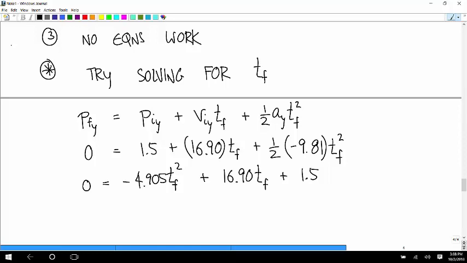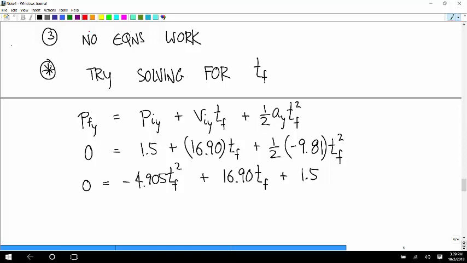We have it in a term where it's squared, in a term where it's a linear factor, and we have a constant. Quadratic formula. Yep. Whenever you have all three of those things, a constant, a linear factor, and a squared term, quadratic formula is the quickest way to go.